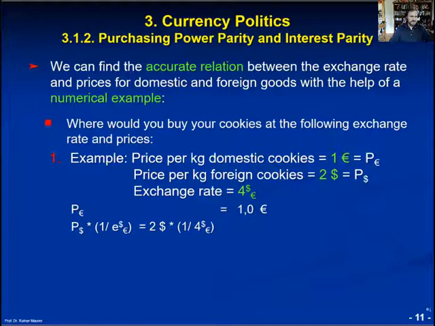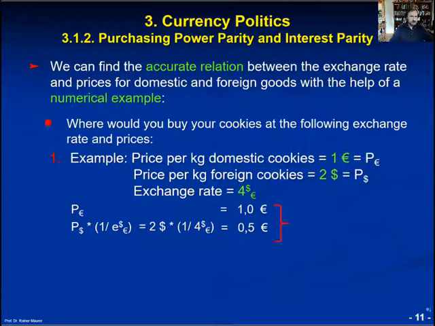So if you fill in now our numbers in this formula, $2 for 1 kilogram American cookies, and divide this over the exchange rate, $4 for €1, we receive the euro price for 1 kilogram of American cookies, which equals €0.5.